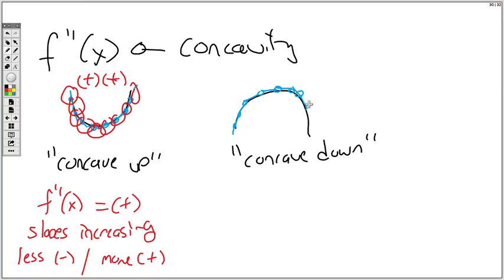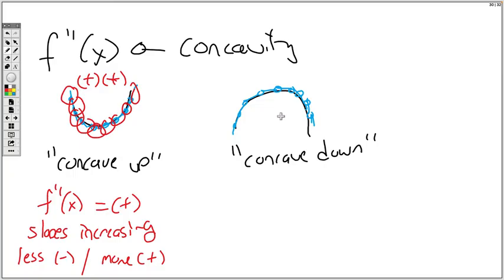If I imagine these little pieces of tangent line coming in here. Here the tangent lines are pretty steep, but they're steep and positive. They become less steep, but still positive. Then they zero out. Then they turn negative, and they become more and more steep, but they become more and more what? Negative. So in this case, all the slopes are decreasing.